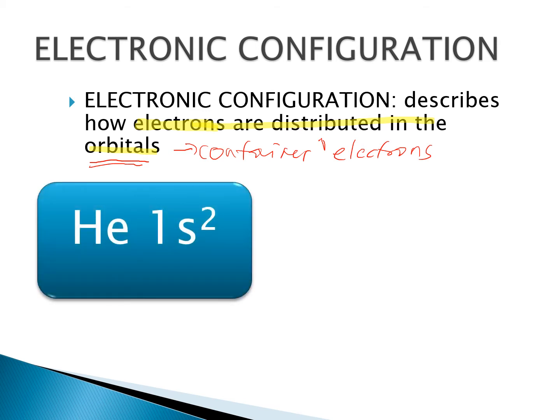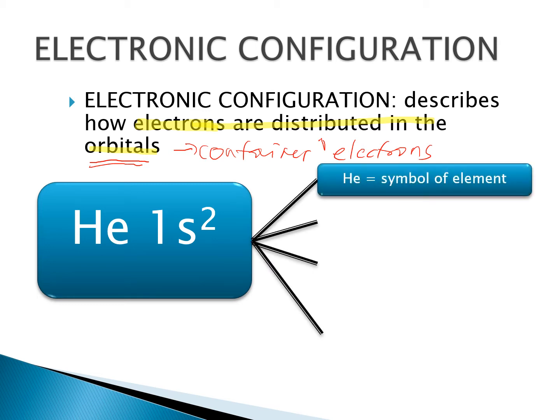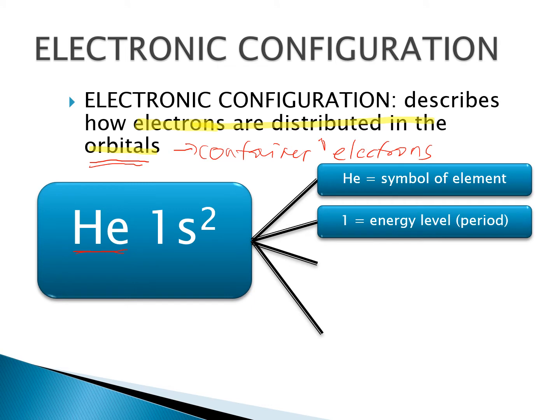Now, this is an example of electronic configuration. By just looking at this example, there is information that we could get. First, we have He. So take note, class, that in a particular electronic configuration, the symbol of the element that we are talking about is included. Another piece of information is number 1.